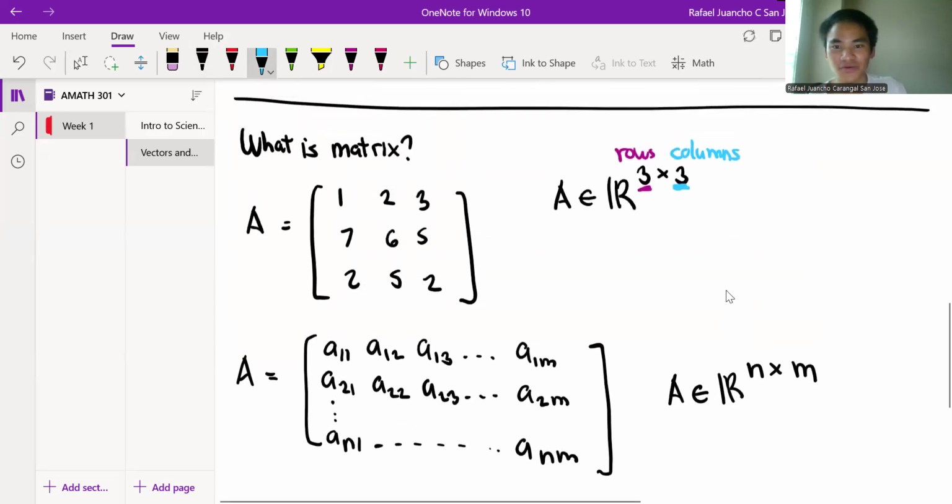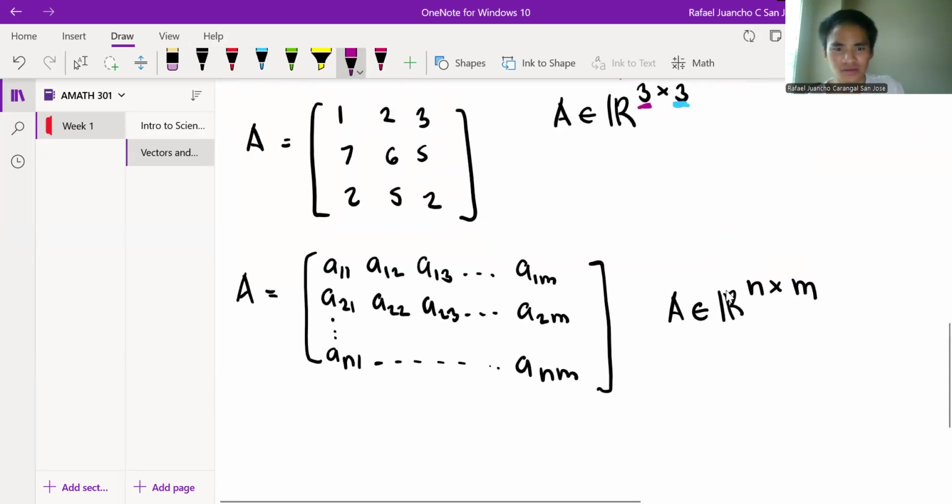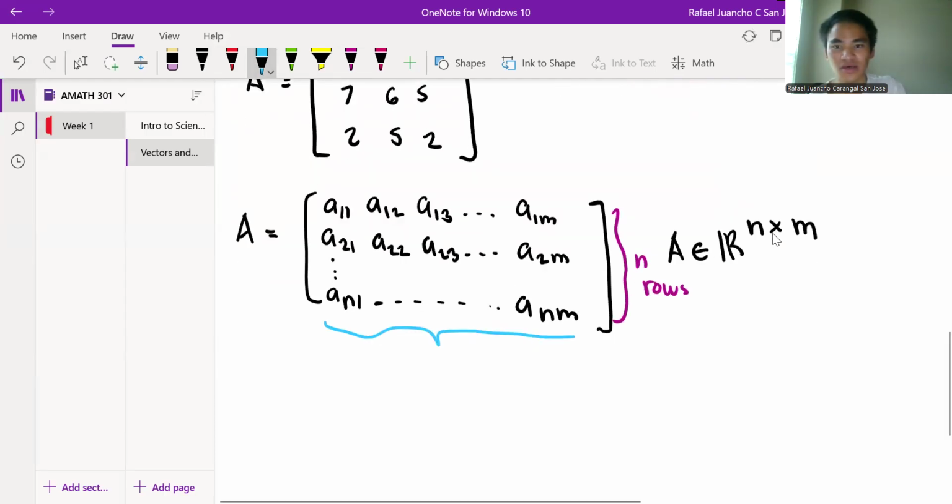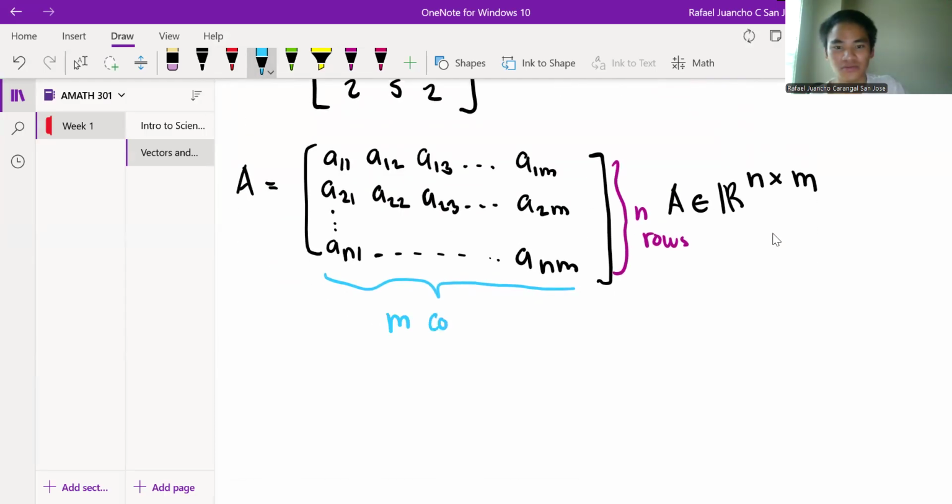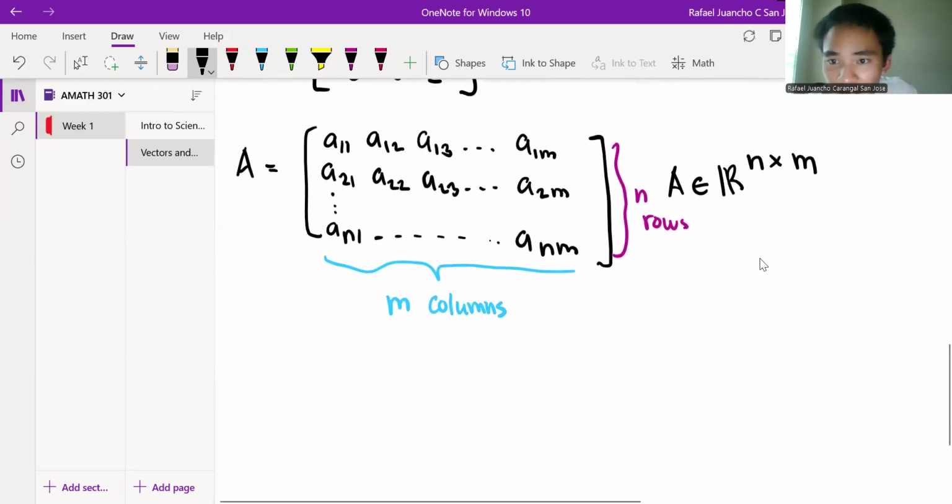So if we were to apply what we found here, this is n rows. This is m columns, right?